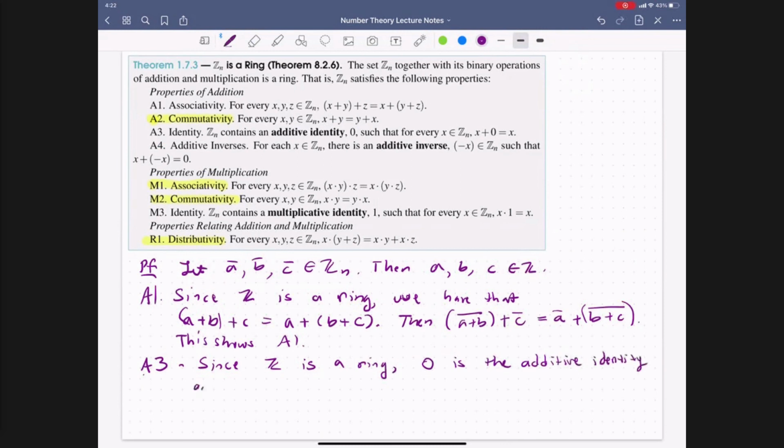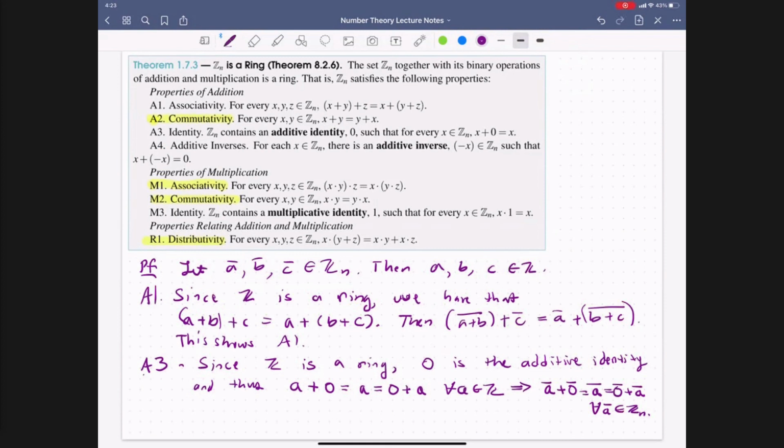And thus A plus 0 is equal to A, which is equal to 0 plus A for any integer A in Z. But then this equation implies that A bar plus 0 bar is equal to 0 bar plus A bar, which is equal to A bar, for every single congruence class in the integers modulo n, which establishes the existence of an additive identity in the integers modulo n. And once again, we have done it by adhering to the properties in Z.